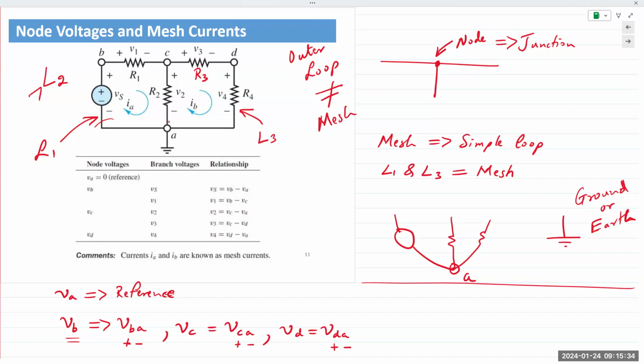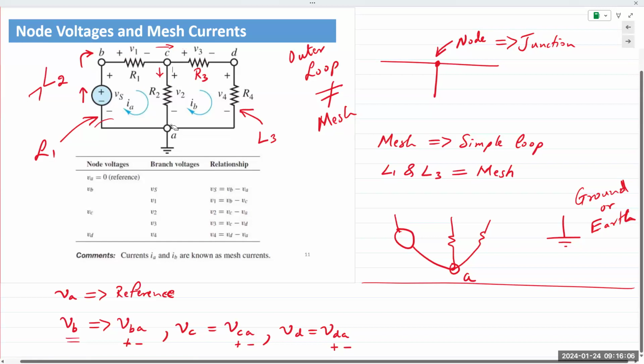The power supply is shown with a plus on the top and minus on the bottom. So current goes in this direction. If current goes in this direction, then the point of entry is positive. Current keeps flowing down this way. Some of it goes down here. Again, point of entry is positive, and that's why we have these signs on the resistor voltages. Always keep that in mind.